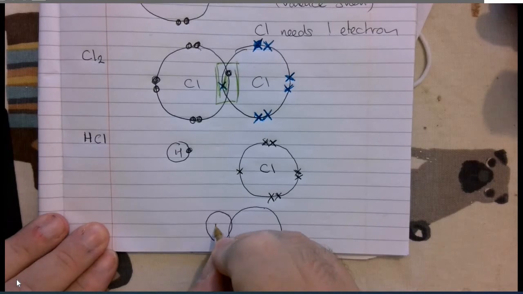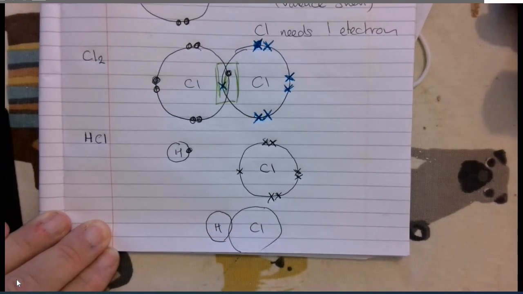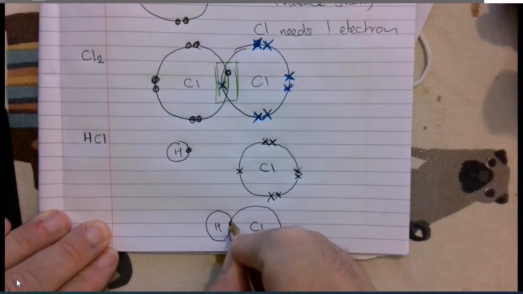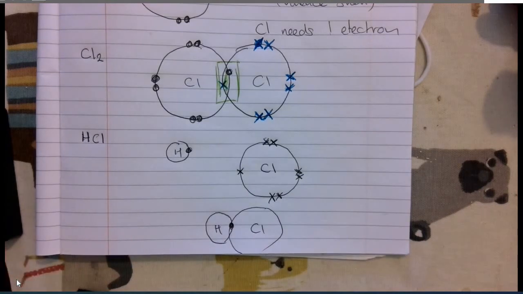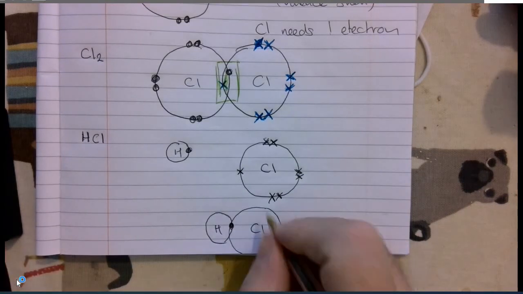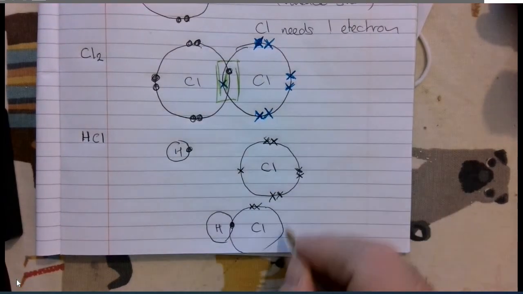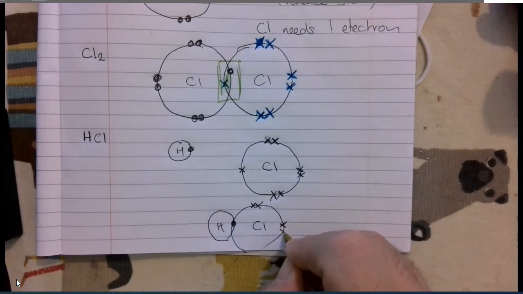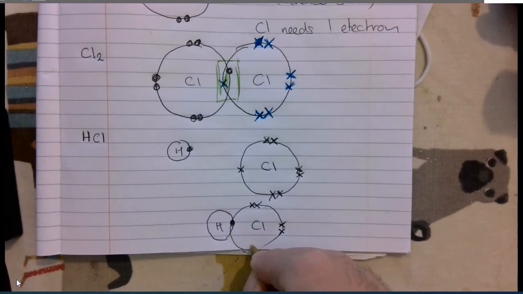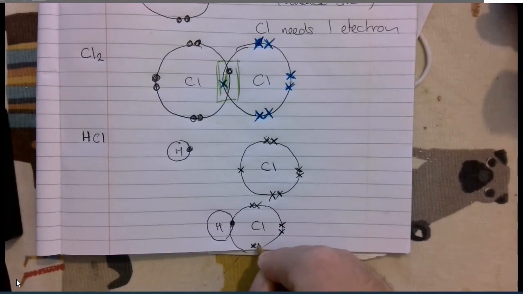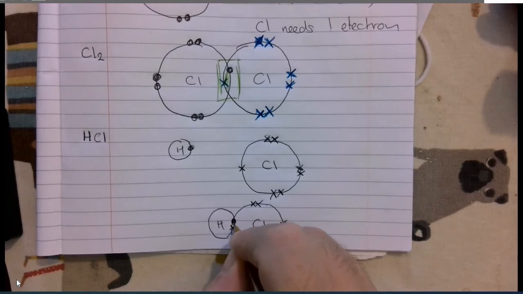H goes in there, Cl goes in there. I'm going to put my dot in the bit that joins to the H. Now what I'm going to do is put my crosses in. So I know 7, so I match the diagram above. And I put a cross in that.